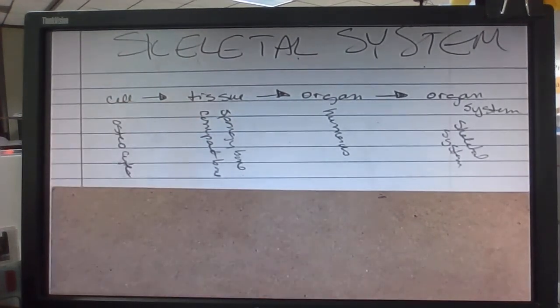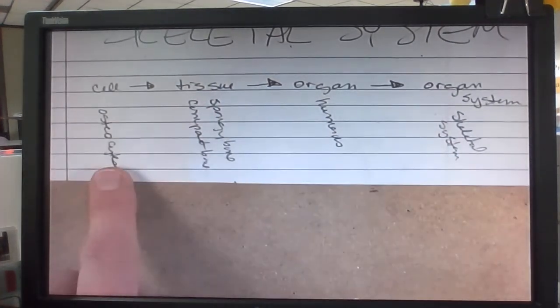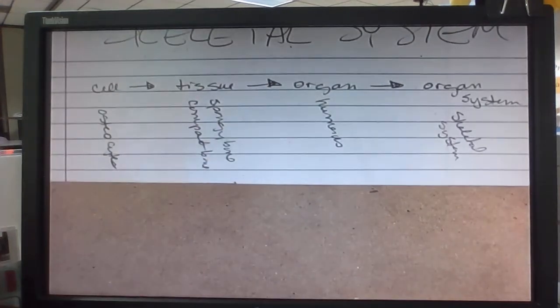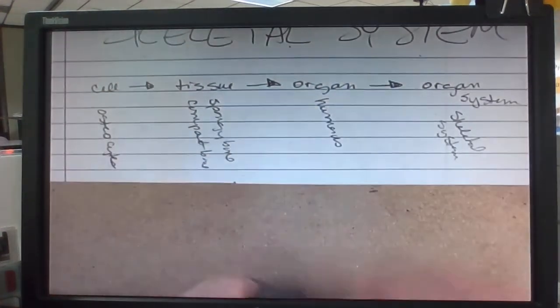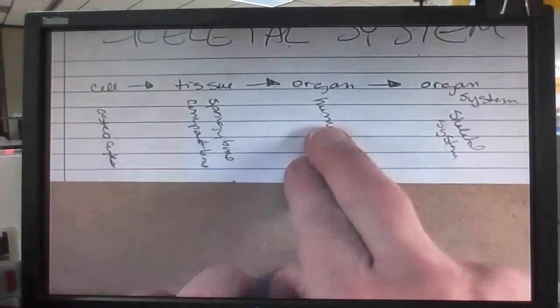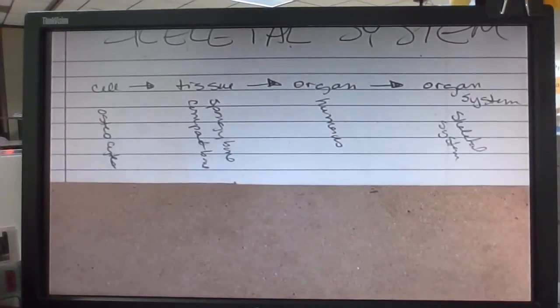And the cells for the skeletal system are called osteocytes. An example of a cell is an osteocyte. A bunch of osteocytes together are either going to create spongy bone or compact bone. Those tissues together can create a bone like the humerus. The humerus would be part of a whole bunch of other bones that would create our skeletal system.